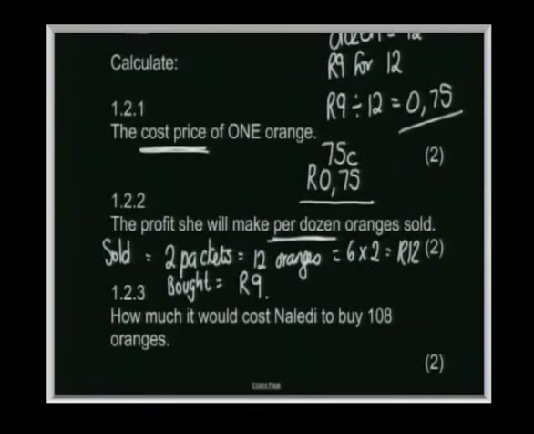So if I sold them for 12 Rand and I bought them for 9 Rand, my profit is going to be 12 minus 9, which gives me a profit of 3 Rand per dozen.